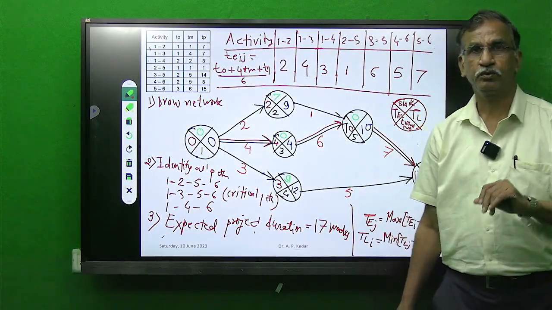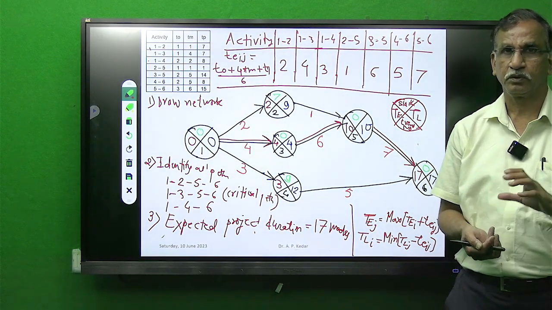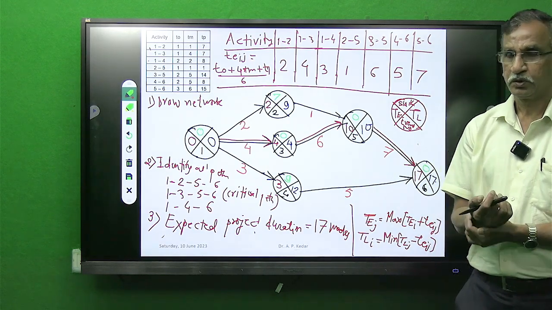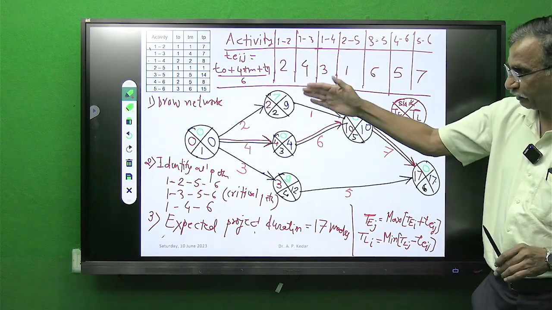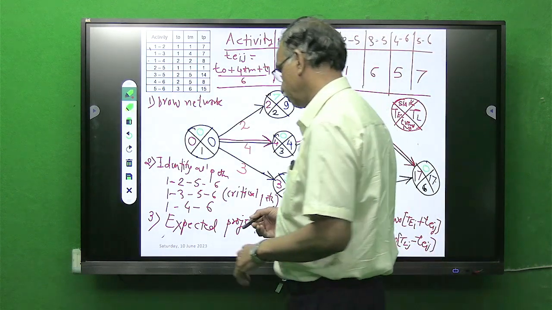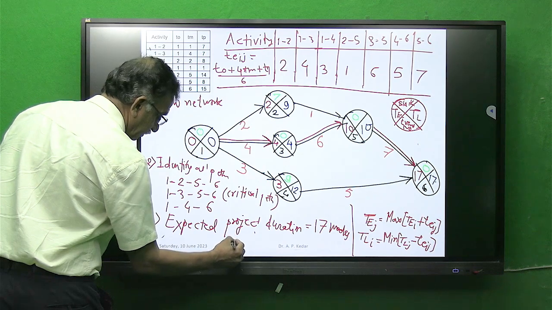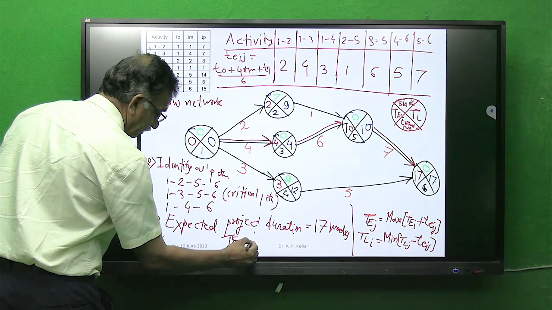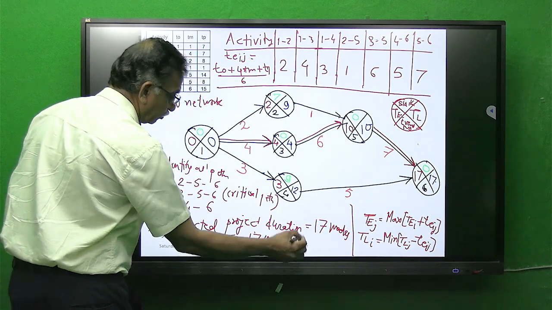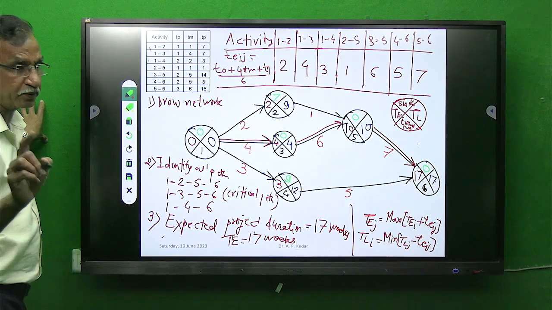Systematically, how you are supposed to interpret your observations, your calculations as per demand of the problem. So these 3 parameters were asked, and whatever your last value after you get critical path, that is TE, is expected project duration. Do not forget to mention the units of expected project duration. Never forget.